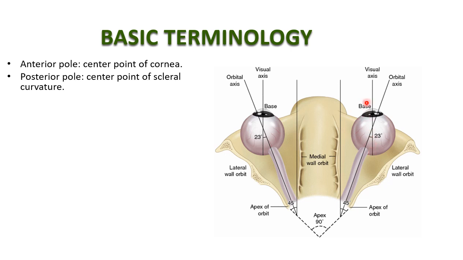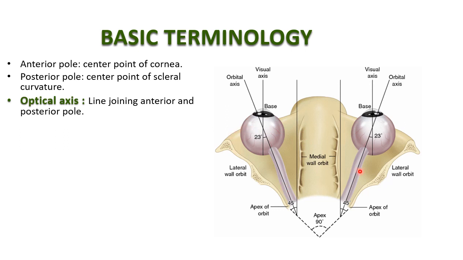If you join these two poles, the anterior pole and the posterior pole, you get what is called the optical axis. You are able to understand that it is somewhat aligned with the axis of the orbit.